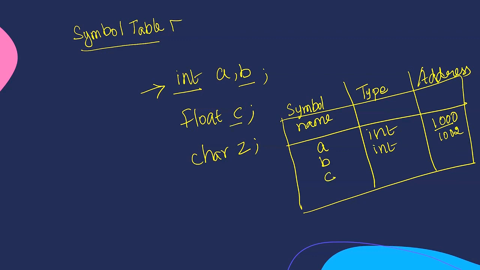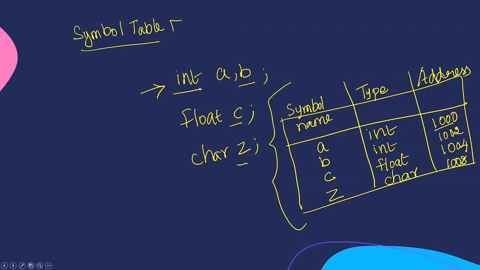Next identifier is c. What is its type? Float. And c is stored at the address 1004. Next identifier is z. What is its type? Char. And the address stored is 1008 since float occupies 4 bytes.